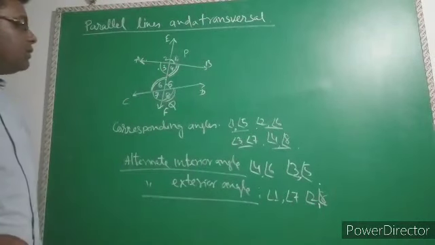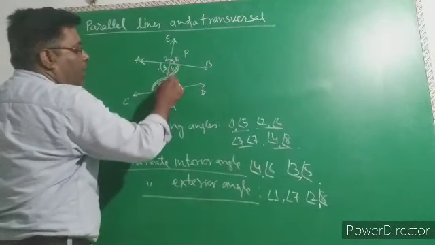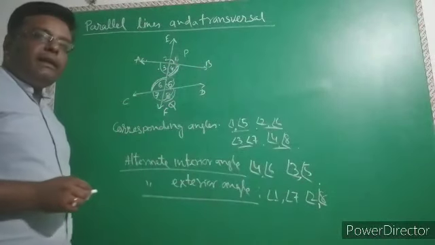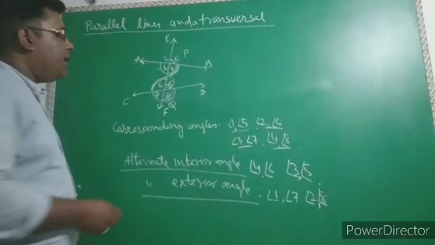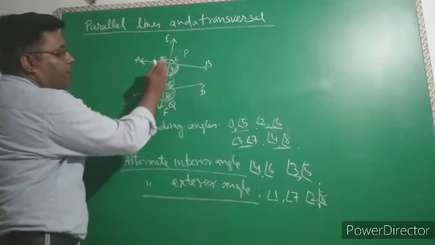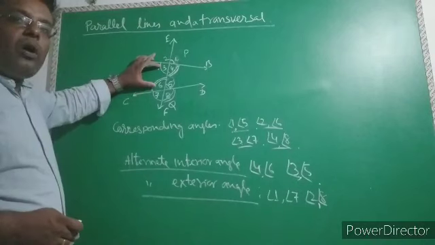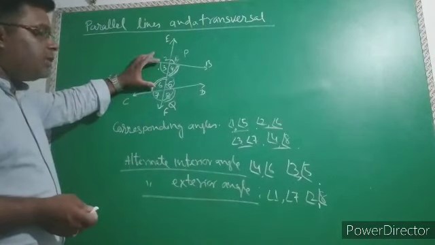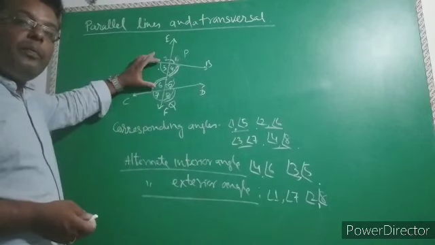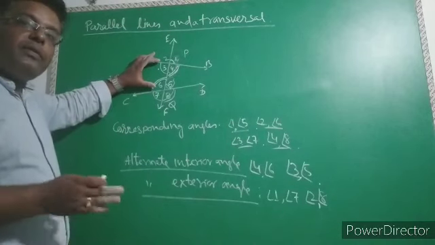are also alternate exterior angles. And 4 and 5 are interior angles on the same side of the transversal, and similarly 3 and 6 are interior angles on the same side of the transversal. So you get four types of pairs here.